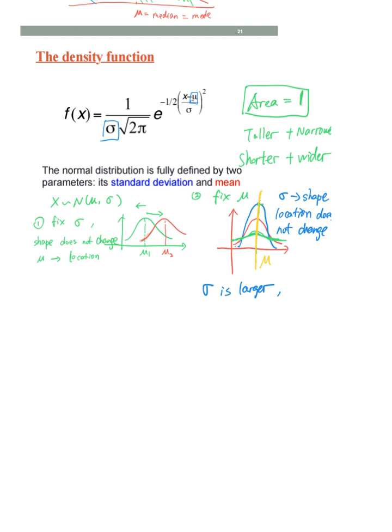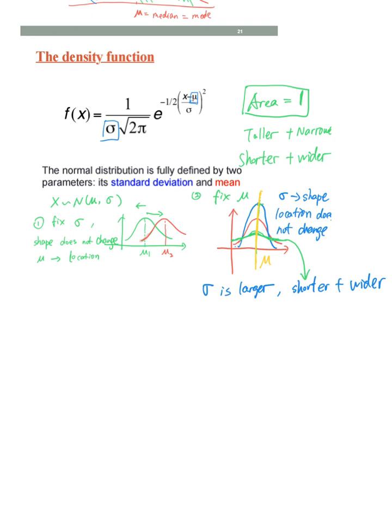If it's wider, it should be shorter. So it will be shorter and wider if sigma is larger. So corresponding to the curve, it will be the green curve. It should be shorter and wider.